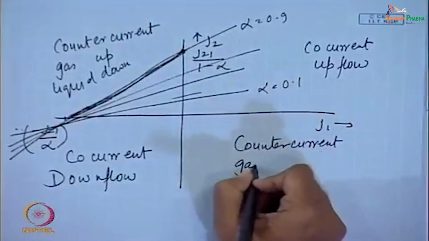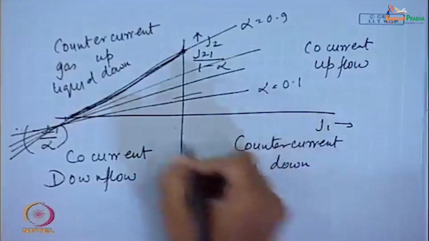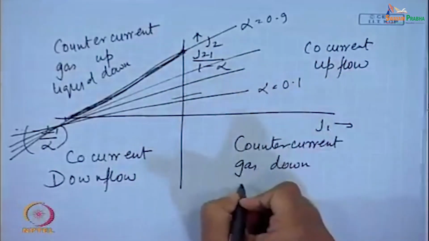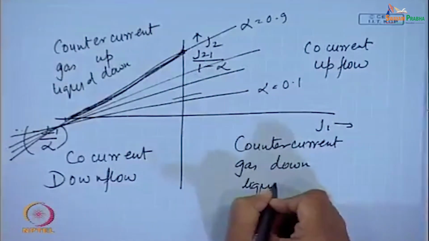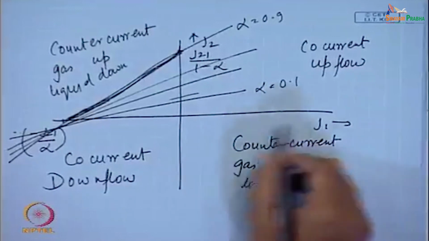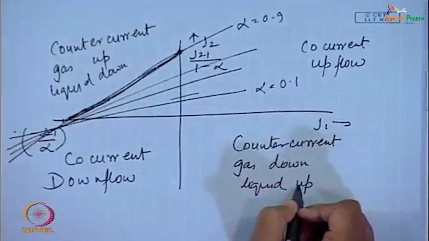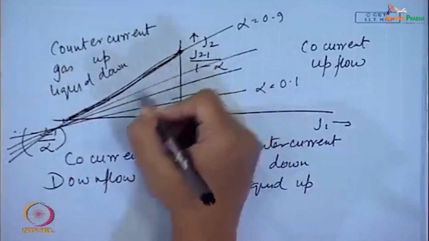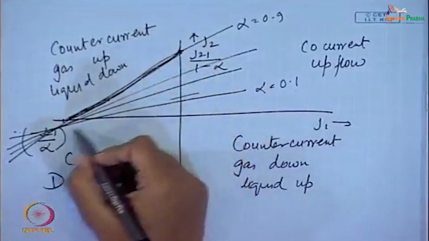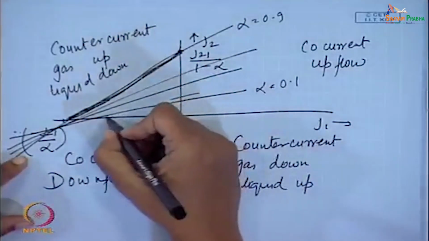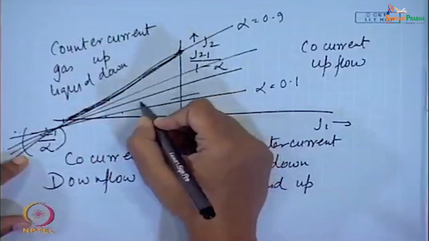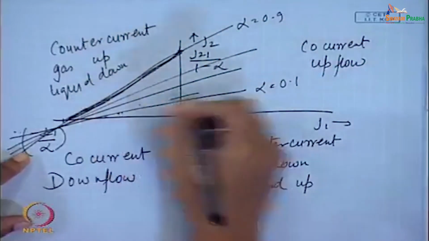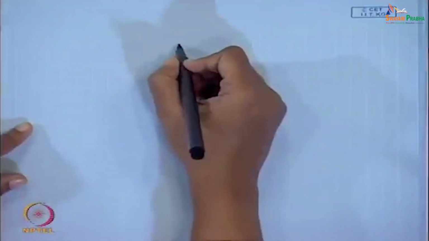And here it will be counter-current with gas down, J2 is negative, J1 is positive and liquid is up. Here no solution is possible. I could not draw this very well, but if you draw it, you will find that more or less all these for different alpha are going to coincide under different conditions.